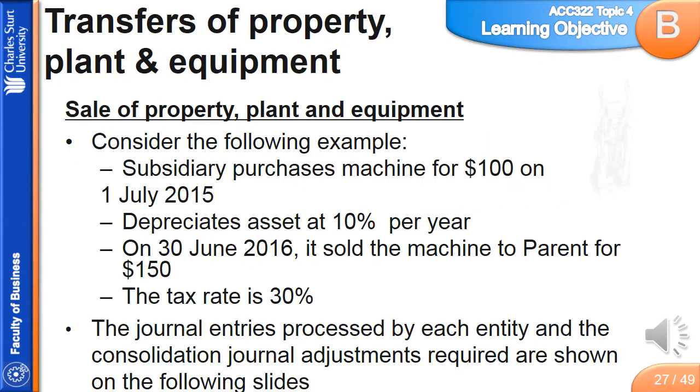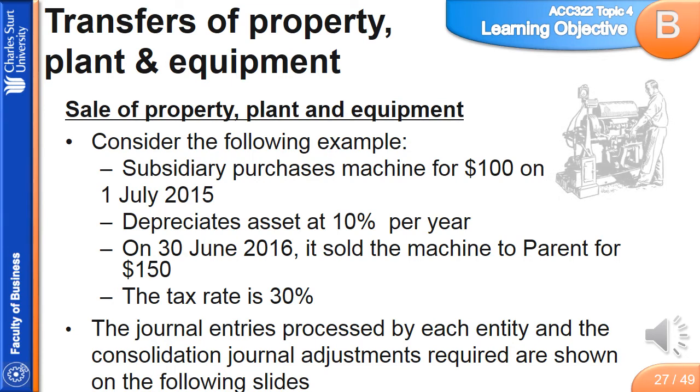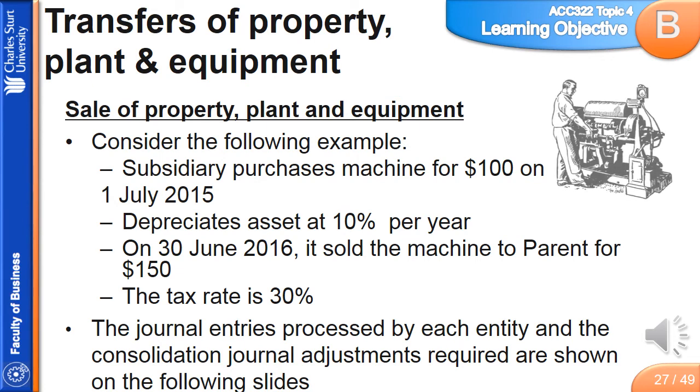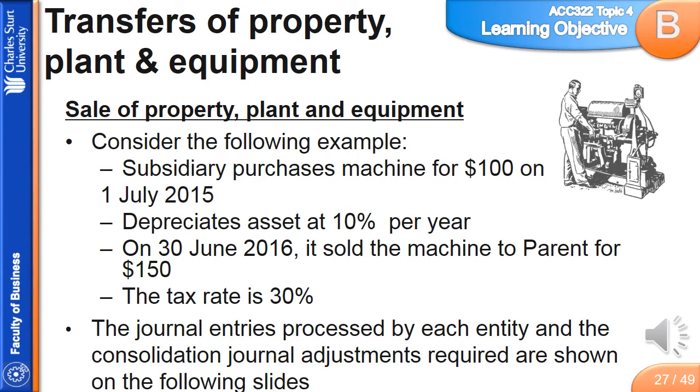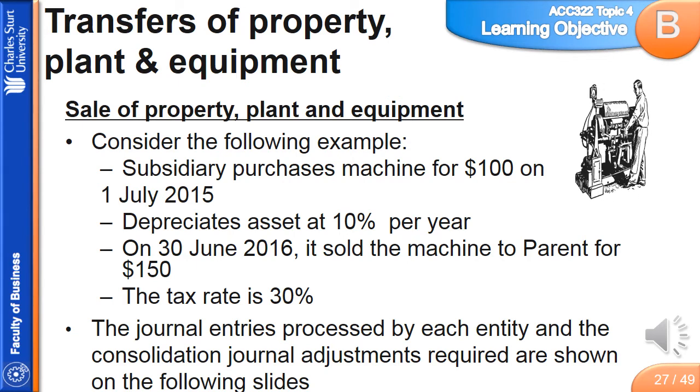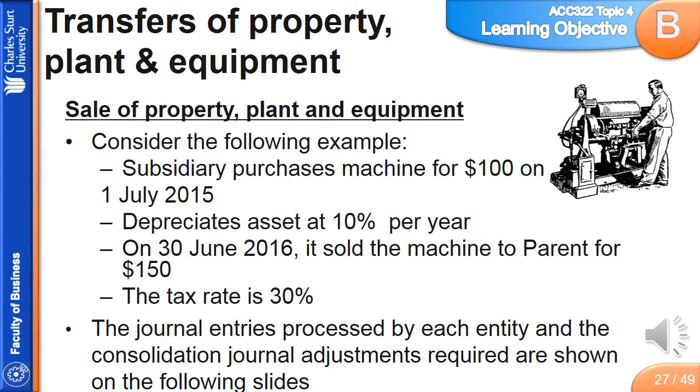So let's look at an example now where the subsidiary purchases a machine externally for $100 on the 1st of July 2016, and they depreciate this asset at 10% per year. Then at the end of the reporting period, 30th June 2016, it's sold to the parent for $150.